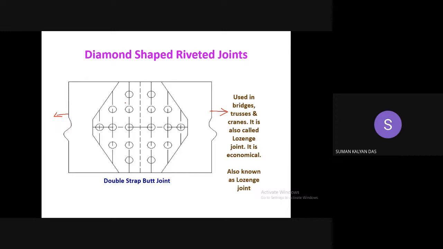How can they fail? The rivets can get sheared out, or the plate may get torn, like in this area. This is the critical cross section, right? This is the critical section. You are aware of the critical section, na?